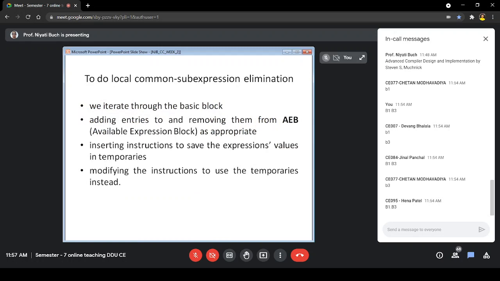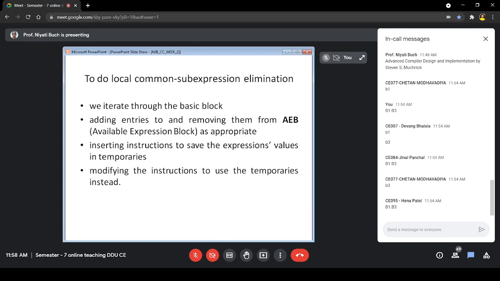Now we are discussing the actual technique of doing local common subexpression elimination. That is phase 1. What we do is iterate through the basic block first. Second, we will add entries to, and sometimes remove entries from, something which we call AEB, that is known as available expression block.